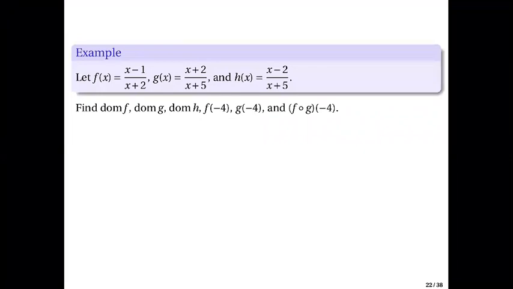Let f of x be the function x minus 1 over x plus 2, g of x equals x plus 2 over x plus 5, and h of x equals x minus 2 over x plus 5.